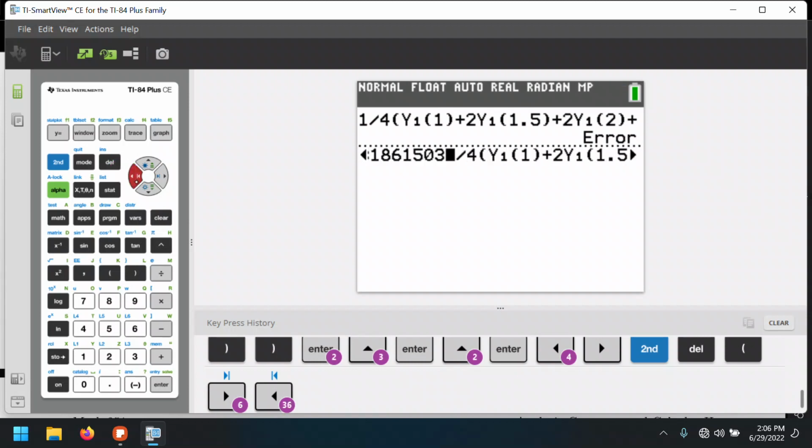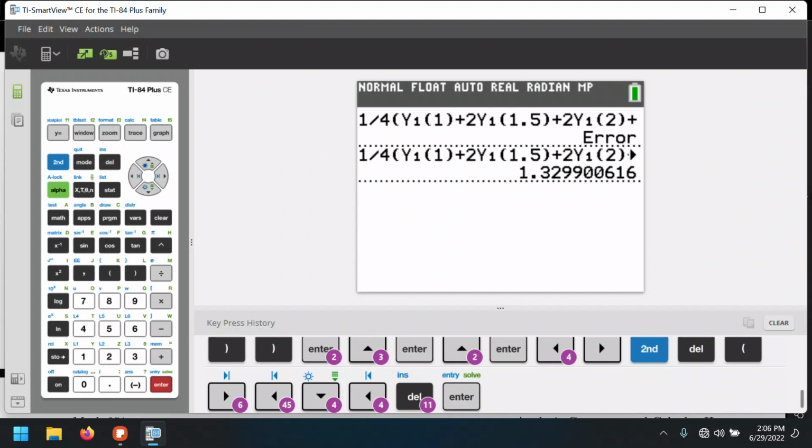Okay, so I need to. Yeah, all right. It should be this. 1.329. That's 1.330.